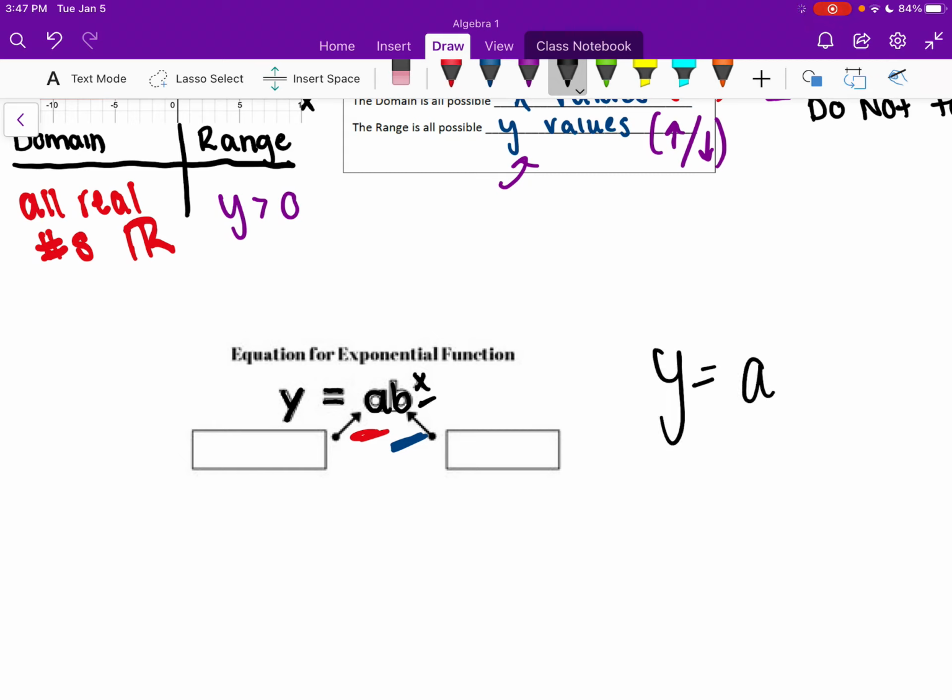Y equals a times b to the x, where the a represents our initial amount, which is kind of just like our starting value.